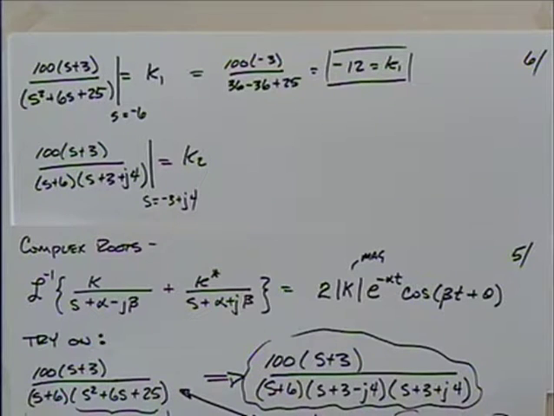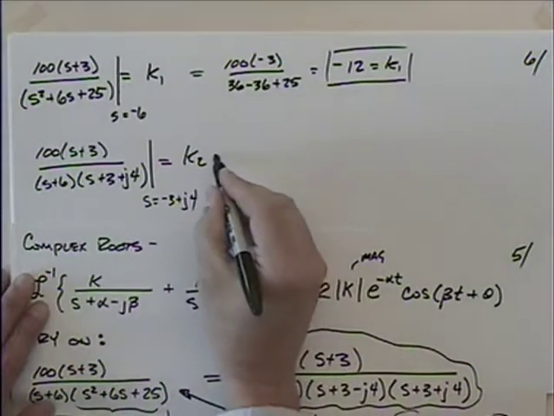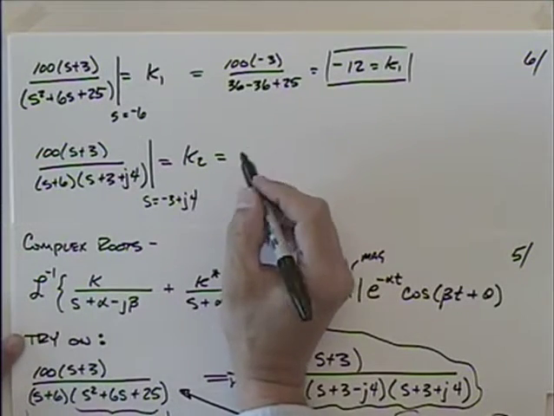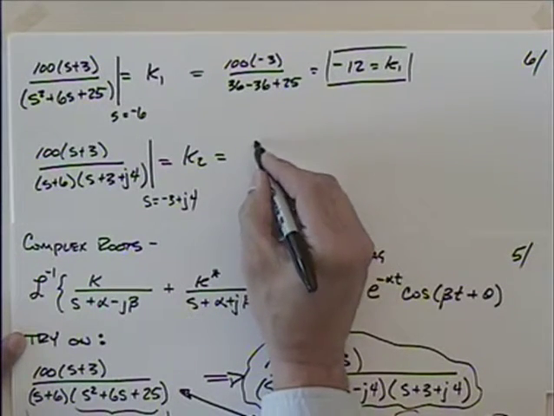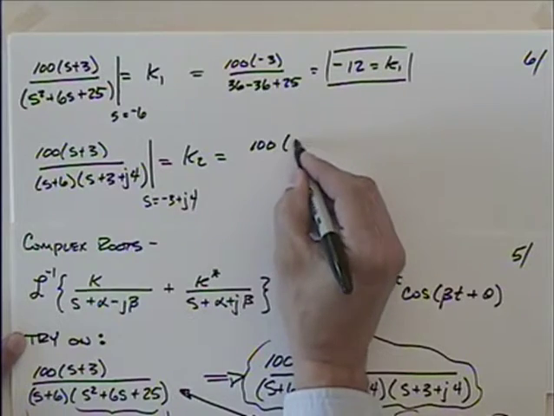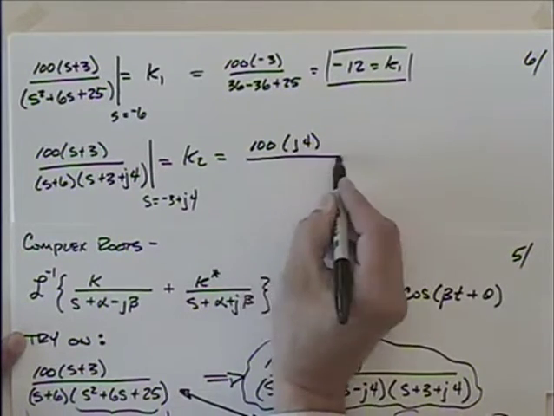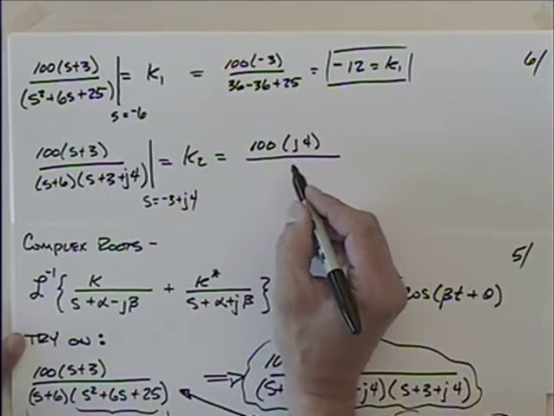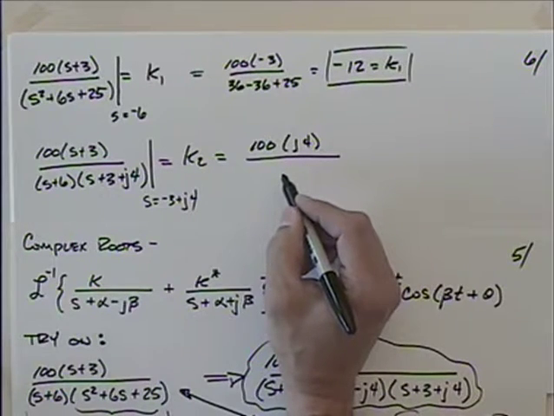So I've got to go back to working with complex numbers, right? So this turns out to be equal to 100 times j4 divided by, what's this one going to be?